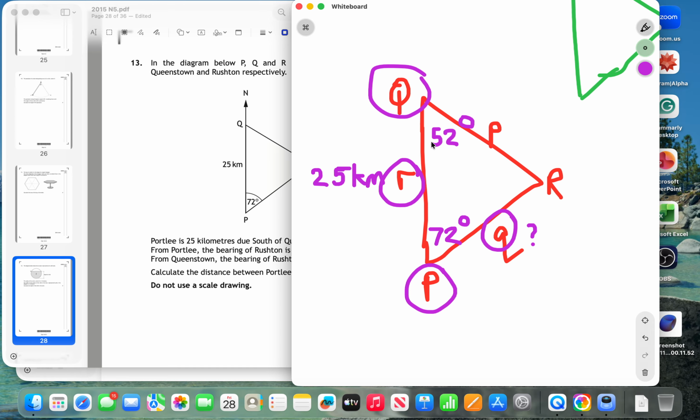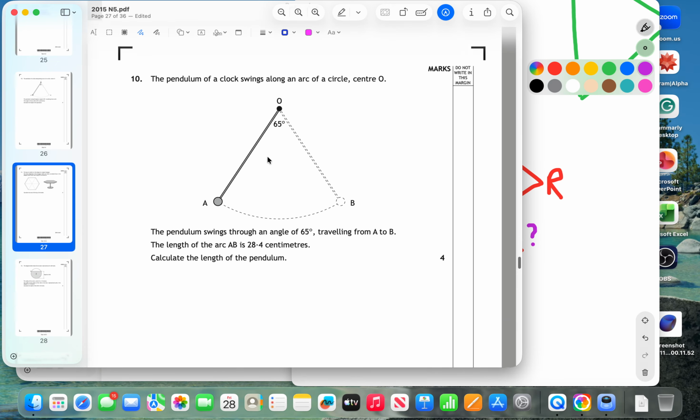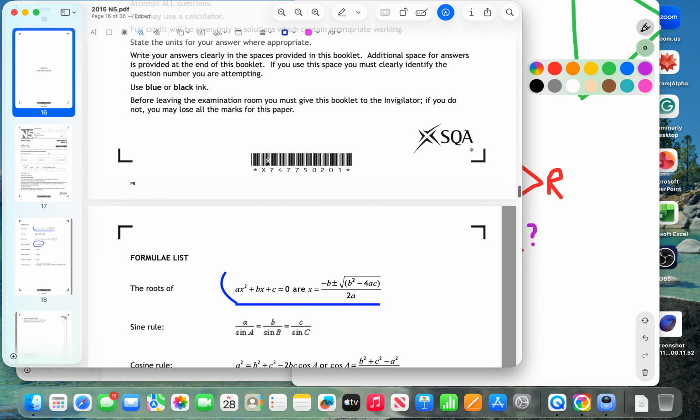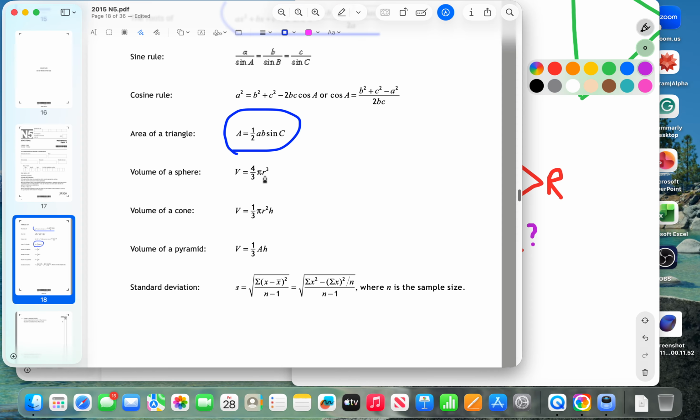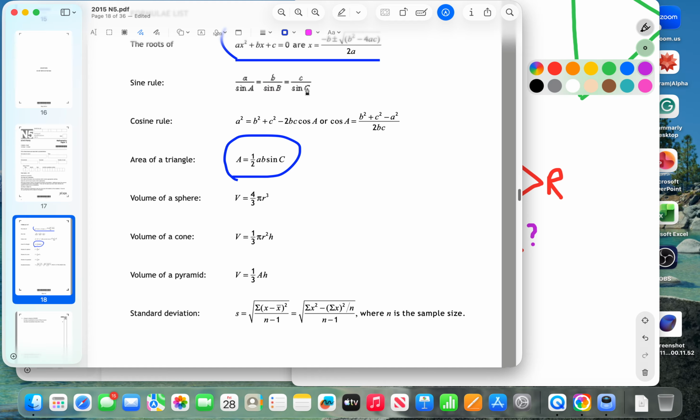You can see that we know an angle and we know the opposite side. We know big Q and small q. We know small r. But if you have a look at this, you've got the sine rule and the cosine rule.